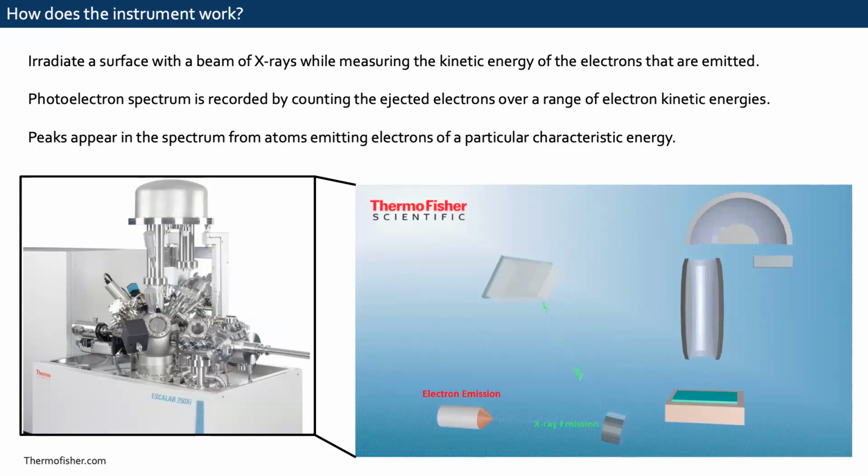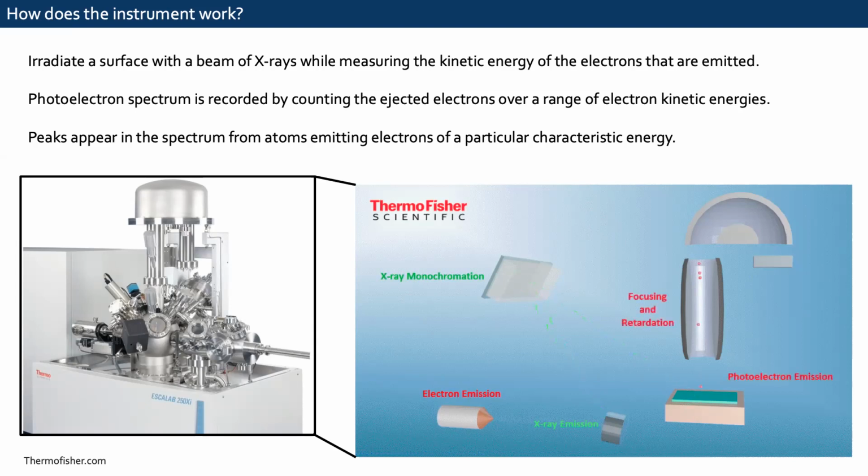And so the photoelectron spectrum is then recorded by counting the ejected electrons over a range of kinetic energies. And so peaks will appear in the spectrum from atoms emitting electrons of a particular characteristic energy. And so on the periodic table, each of those elements has its own characteristic energy.